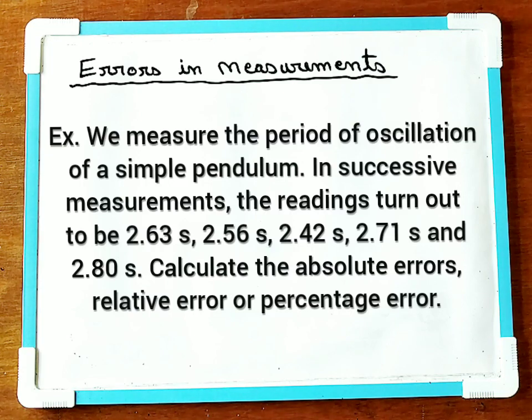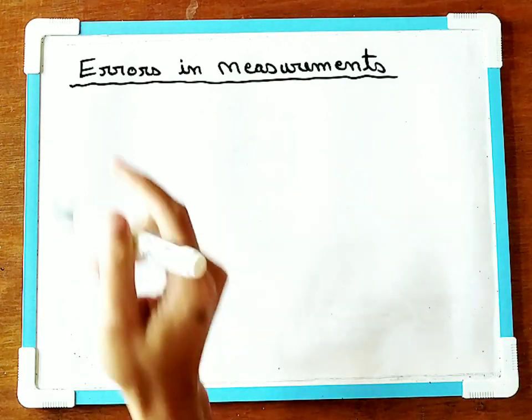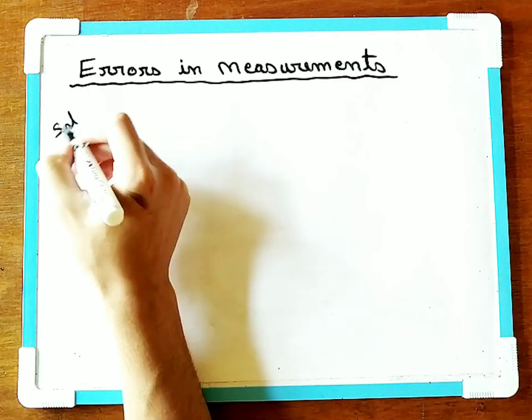Calculate the absolute errors, relative error, and percentage error. So here we have a pendulum. So this will be the solution of the problem.